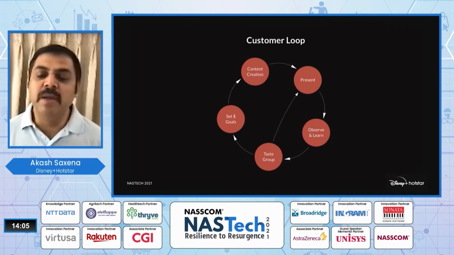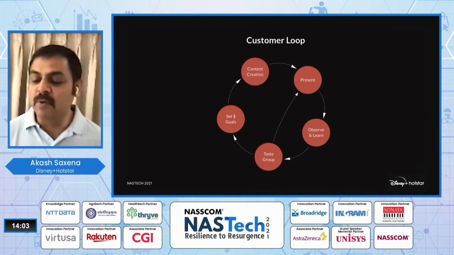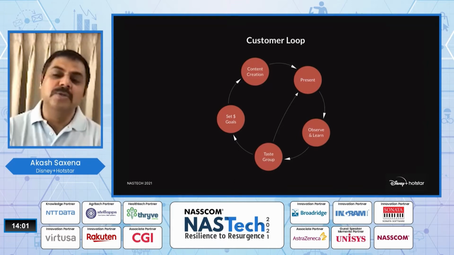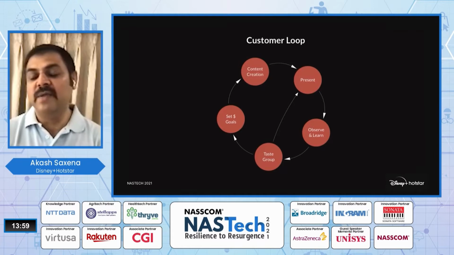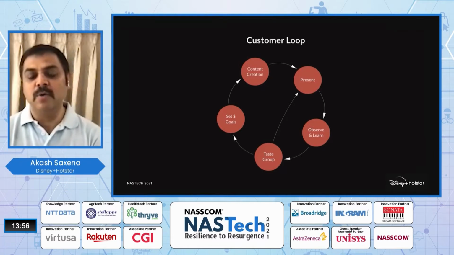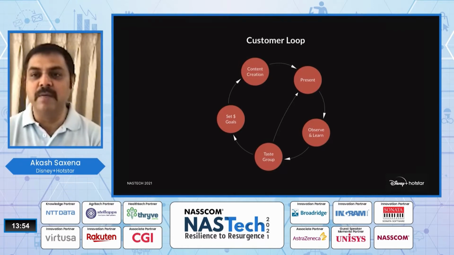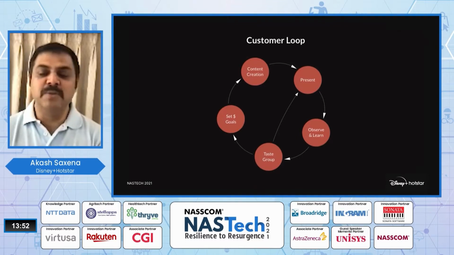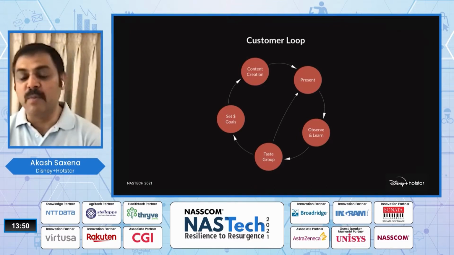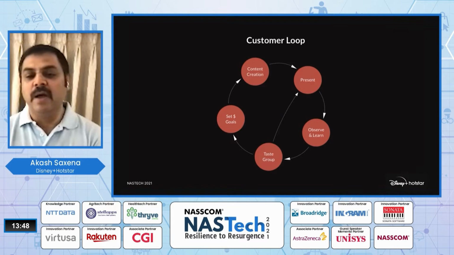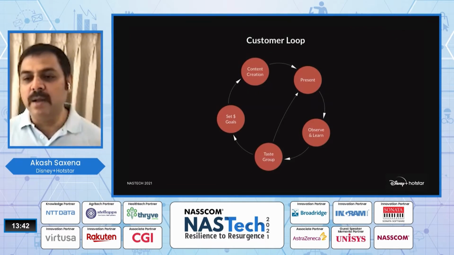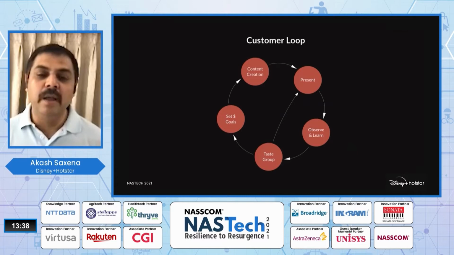Now, these could be content choices, they could be layouts, it could be a variety of things that we may want to pitch to you, may want to induce certain behavior, whether it is a subscription or watching an advertisement from a monetization perspective. So it all starts with the presentation. It's a catch-all for what you do when a customer initially engages with your product.